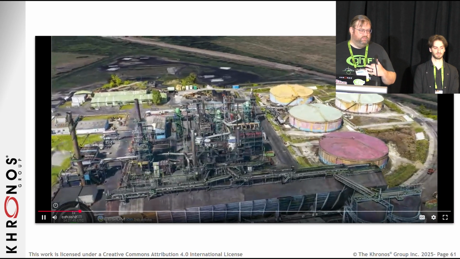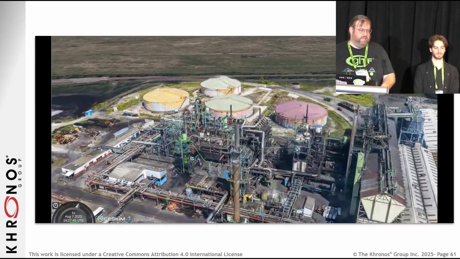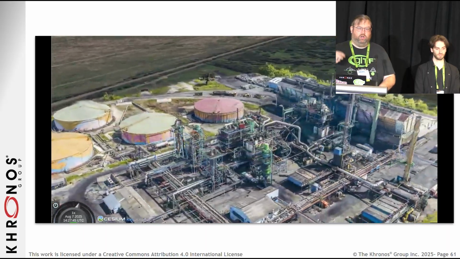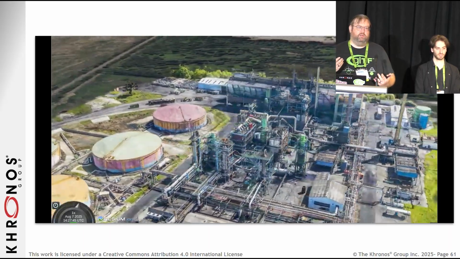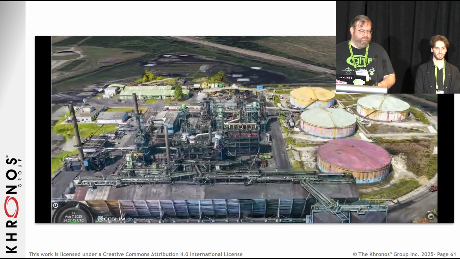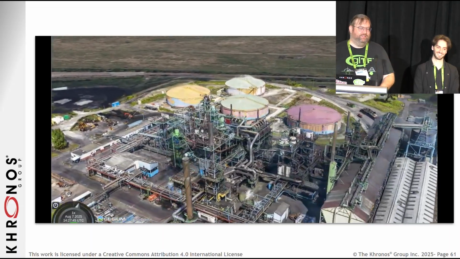So here's that video that I promised of the refinery, and this is a great example of how all those thin structures on a traditional photogrammetry would be completely optimized away effectively.